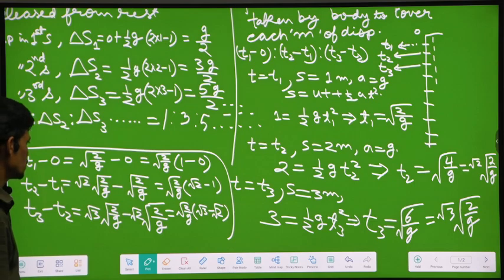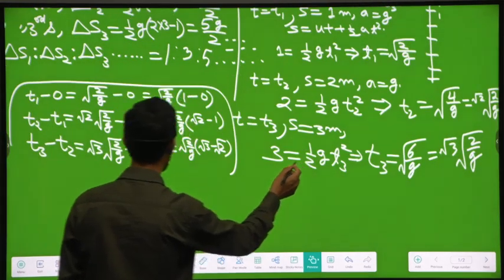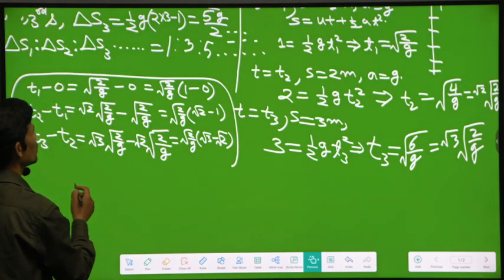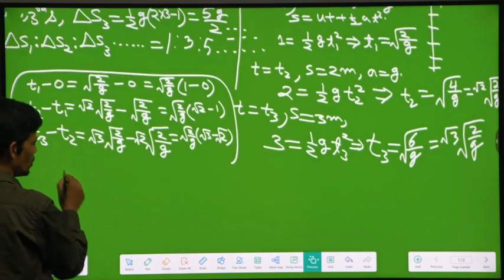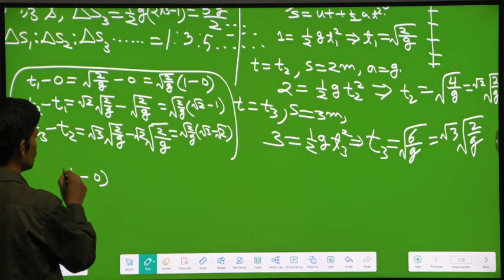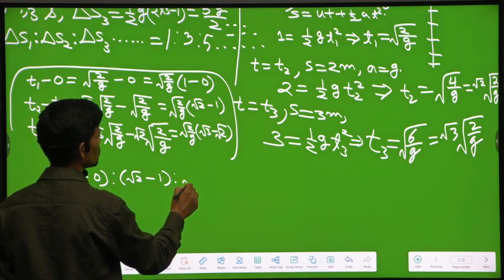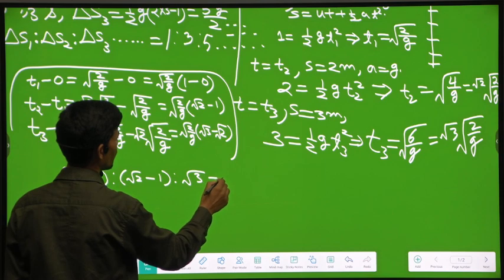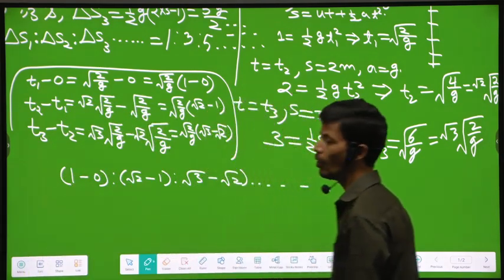So the required ratio, the root 2 by g will get cancelled. The required ratio will be 1 minus 0 is to root 2 minus 1 is to root 3 minus root 2, and this pattern will go on.